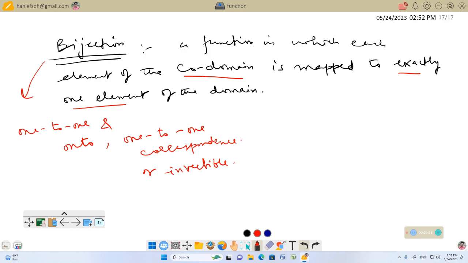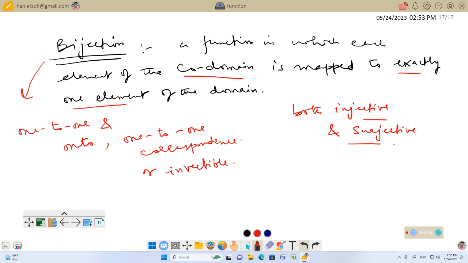If you look into this definition, this function, which is bijection, is both injective and surjective.